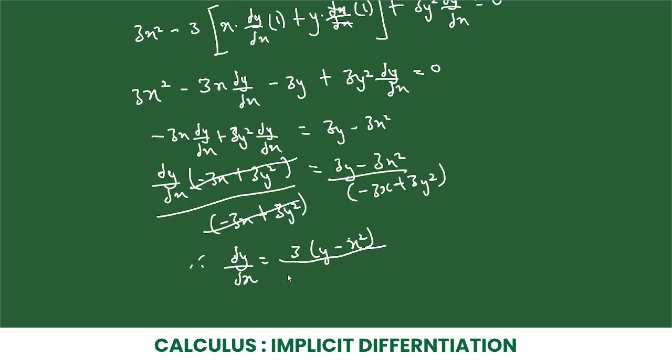And we factorize 3 at the denominator, so y squared minus x is the same thing, right? So this 3 will cancel 3. We are going to have y minus x squared all over y squared minus x. So this is our final answer.